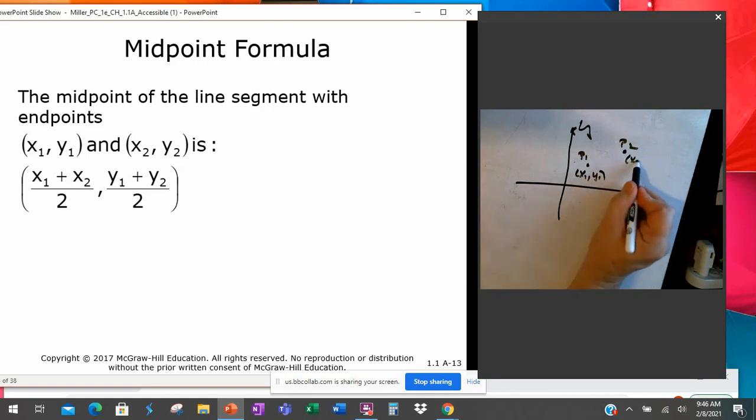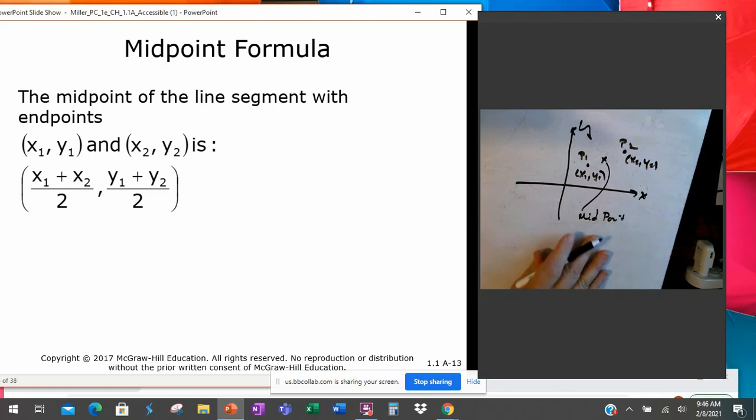This has coordinates x2, y2. And if I wanted to know what the midpoint of these two is, this is the formula. The coordinates are x1 plus x2 over 2. It's halfway between the x1 and the x2, and then halfway between the y's, y1 plus y2 over 2.